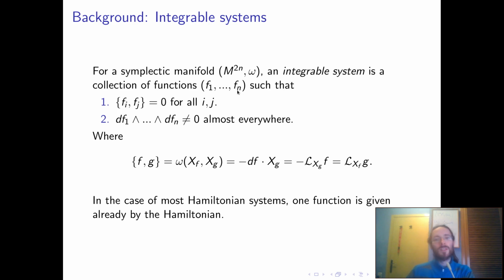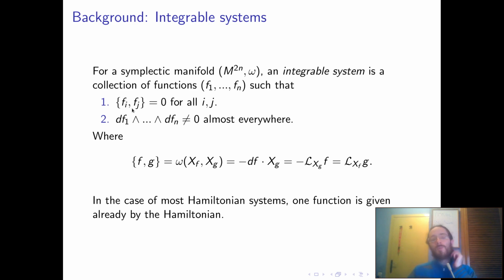First of all, we need them to commute with one another with respect to the Poisson brackets, and then we ask for a condition which is sometimes called generic independence or functional independence, which is not so different from asking for these functions to be linearly independent as vector fields, almost everywhere.